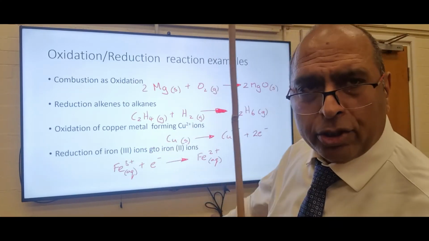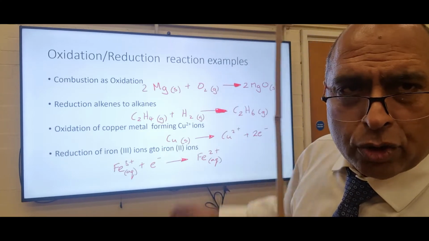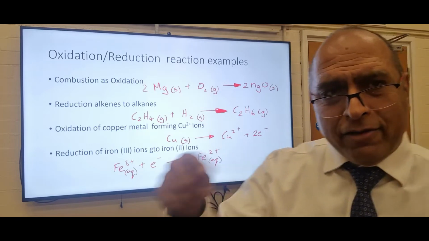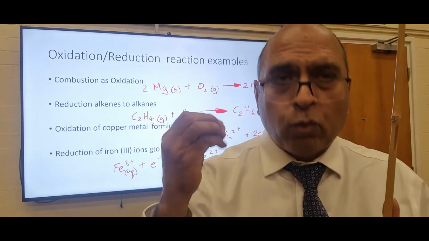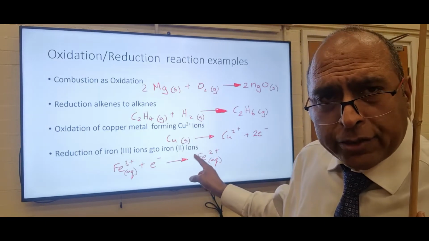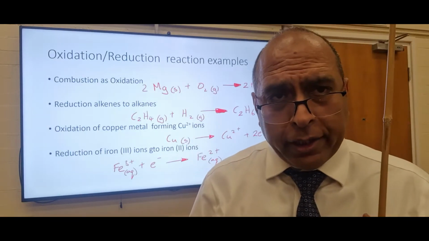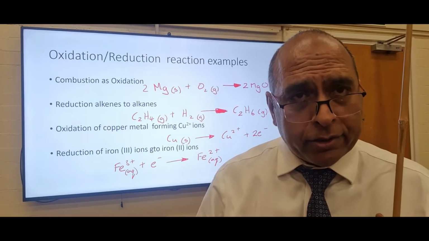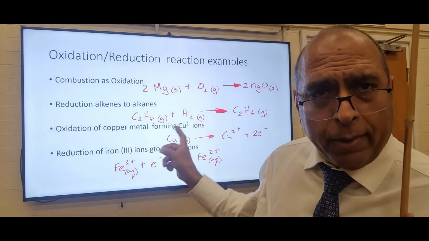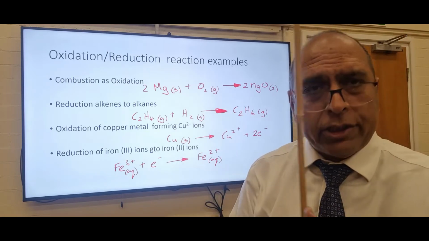That can never happen on its own. The electrons have to go somewhere. When those electrons end up somewhere else, whatever takes those electrons in will be being reduced. That's why I say half equations are only half the story. They're only half of a full equation. And here, it just focuses on the copper bit. The copper is being oxidized.